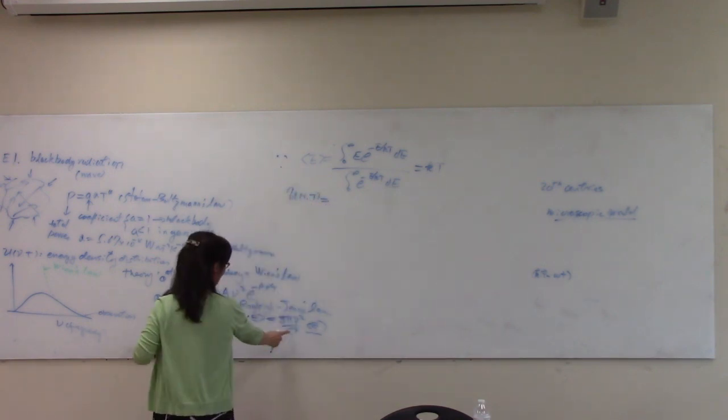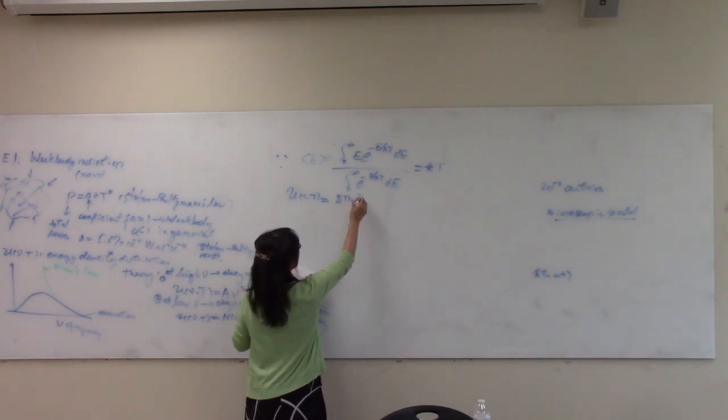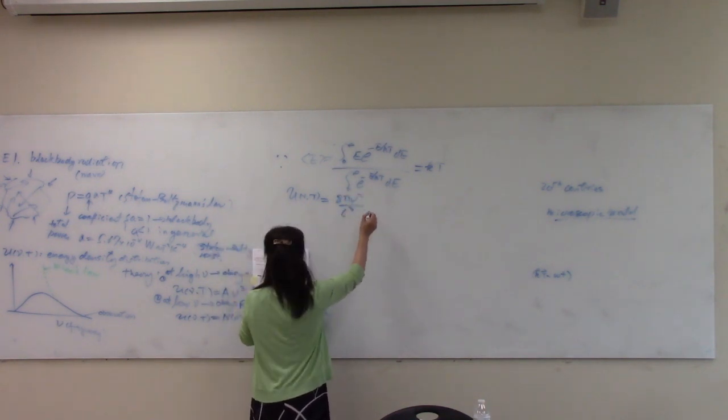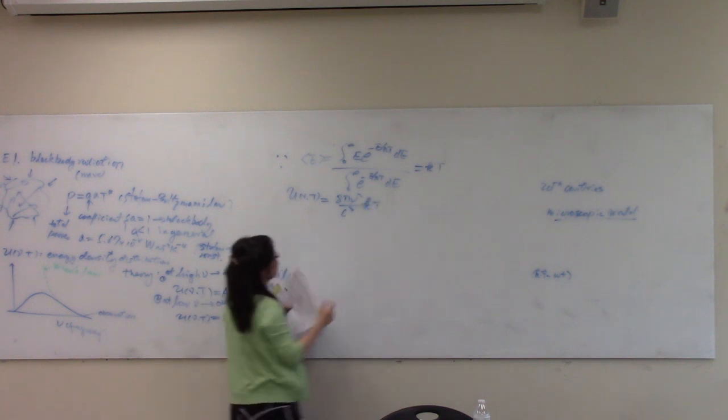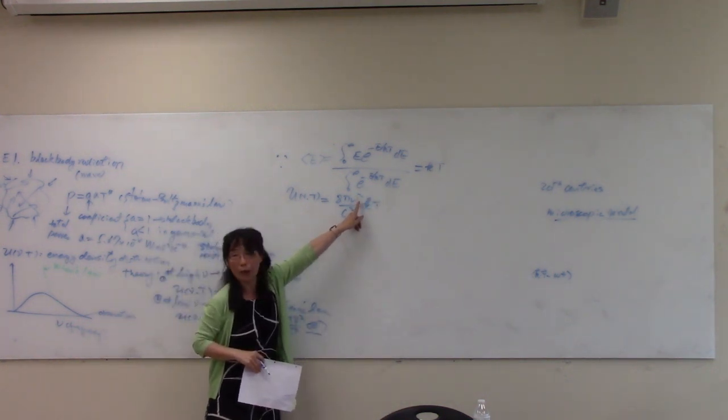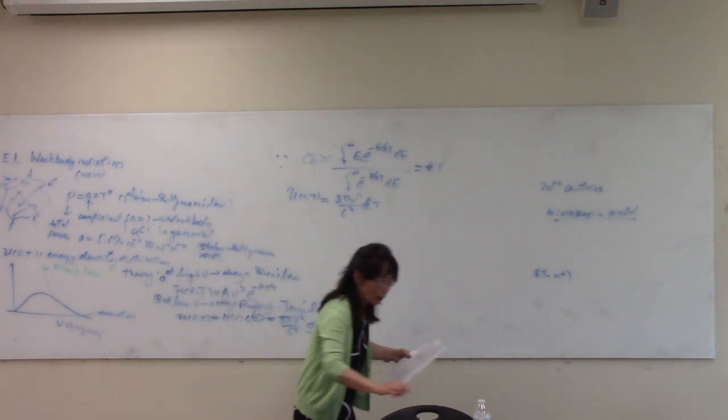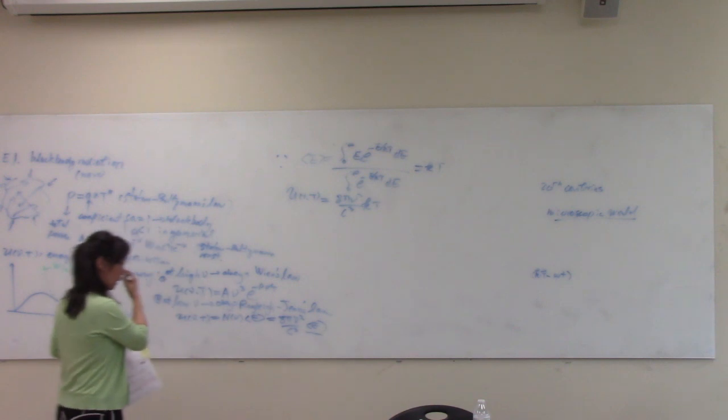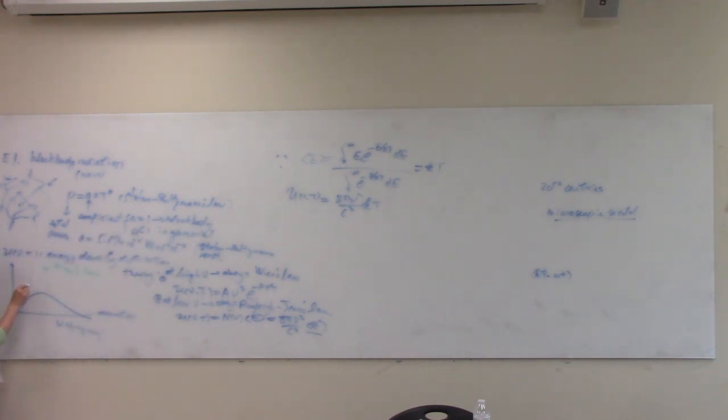Then you substitute here: at low frequency, it is equal to 8 pi nu squared over c cubed, times kT. Now you can see this is proportional to nu squared, not nu cubed. So here, the low frequency also follows only for the small case, but for the finite intermediate range you can see both diverge. That is the figure.